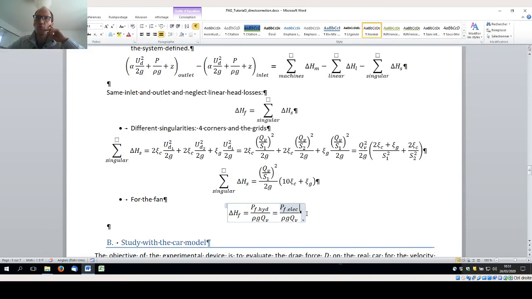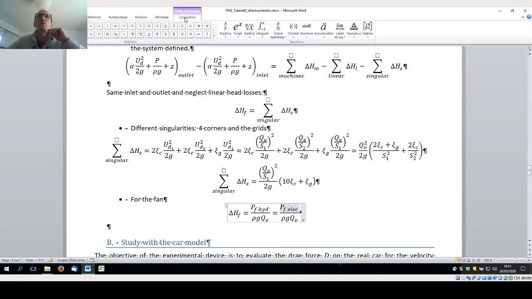So here we should multiply by the yield.